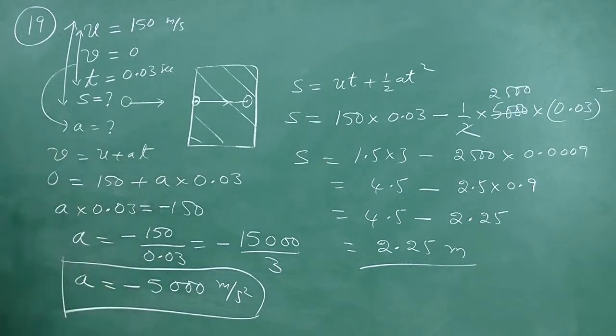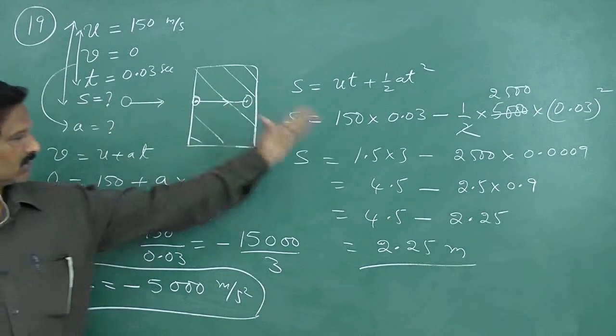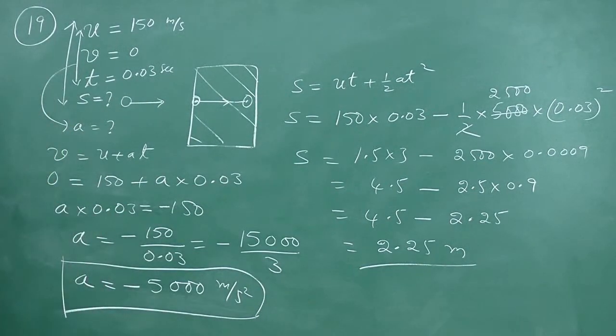This is the depth of penetration. S is equal to 2.25 meter. So using the formula S is equal to ut plus half at square, you can calculate the depth of penetration or distance of penetration. And we have to calculate the retarding force, the opposing force.